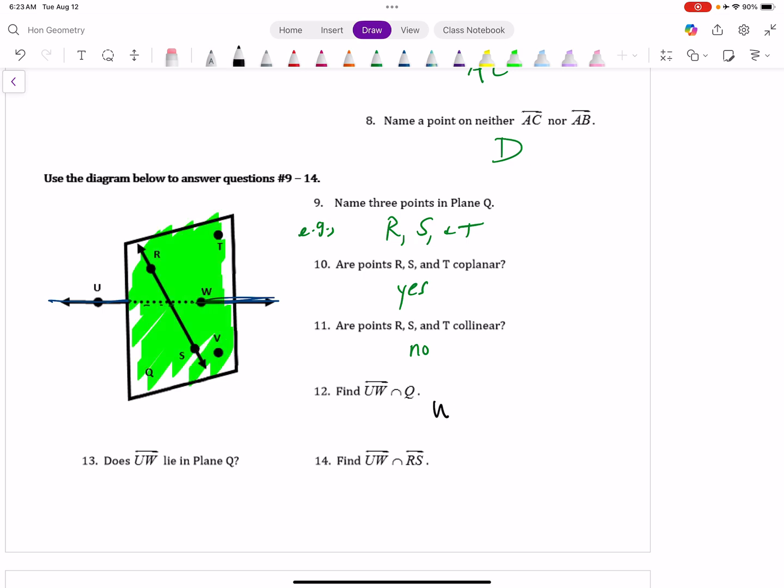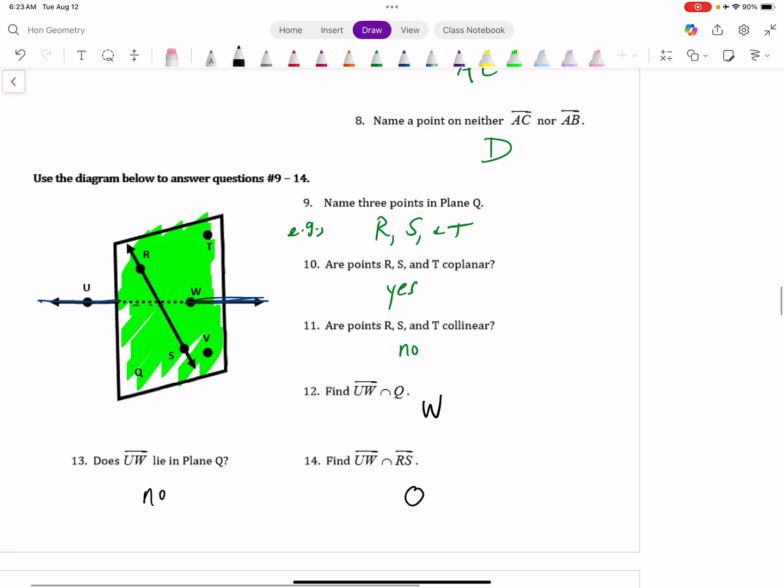Right there at point W. And then does line UW lie in plane Q? No. One point of it does, but not the whole line. And then find the intersection of line UW and line RS. Well, there's not one. So that's the empty set.